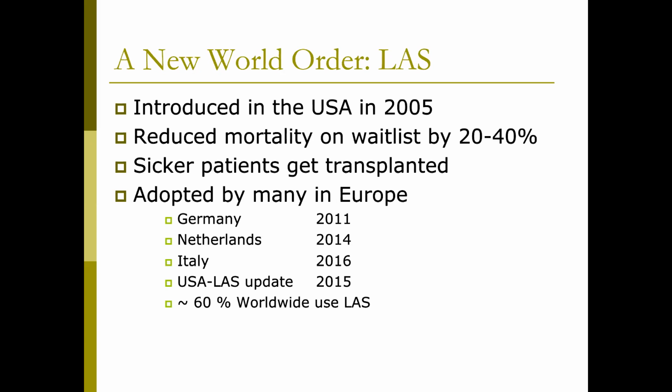And as you can see from the statistics that I've shown you before, the IPF patients outnumber COPD by a factor of 2 to 1, maybe 3 to 1. So nowadays, about 60% of the countries worldwide use some version of lung allocation scores to determine who should get organs first.